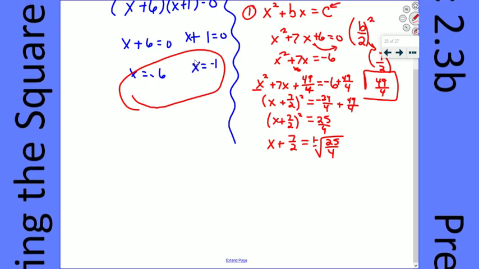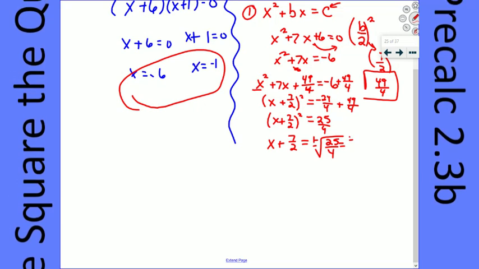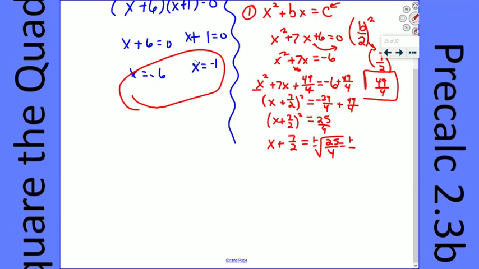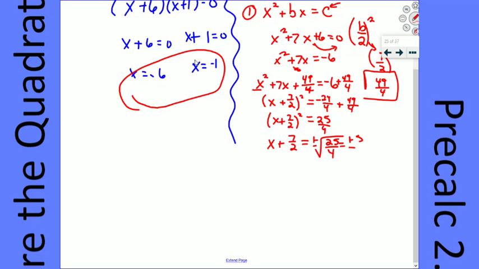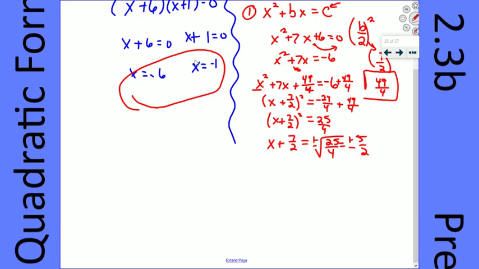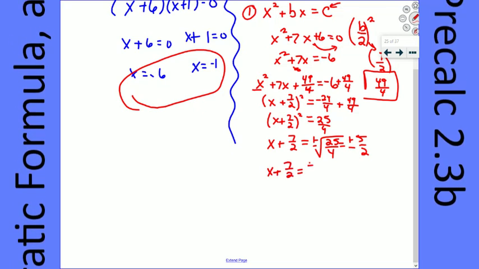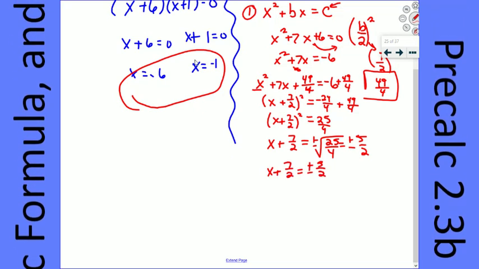The square root of 25 is 5, the square root of 4 is 2. That's going to be plus or minus 5 over 2. So then we have x plus 7 over 2 equals plus or minus 5 over 2.